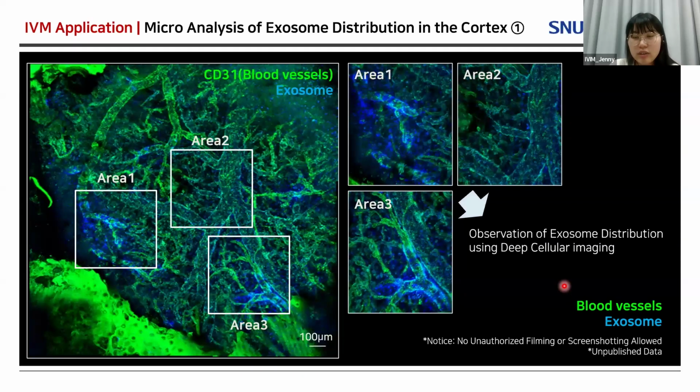So these observations highlight how intravital microscopy enables real-time, high-resolution visualization of exosome dynamics and vascular interactions in the living brain. So combined with our earlier IVIS data, these results provide spatial and temporal resolution sufficient to directly observe blood-brain barrier penetration and cellular level localization of exosomes in deep brain areas.